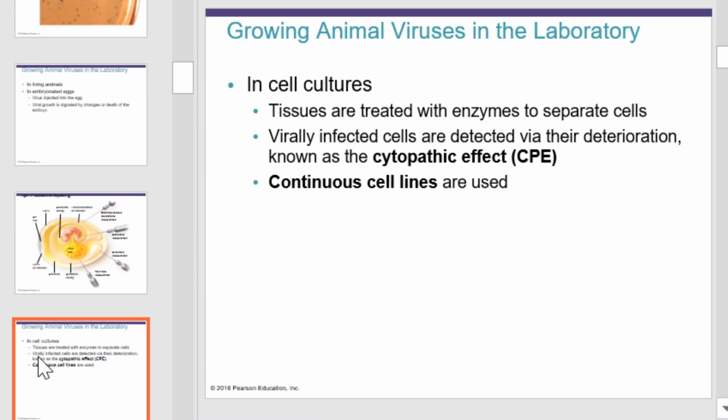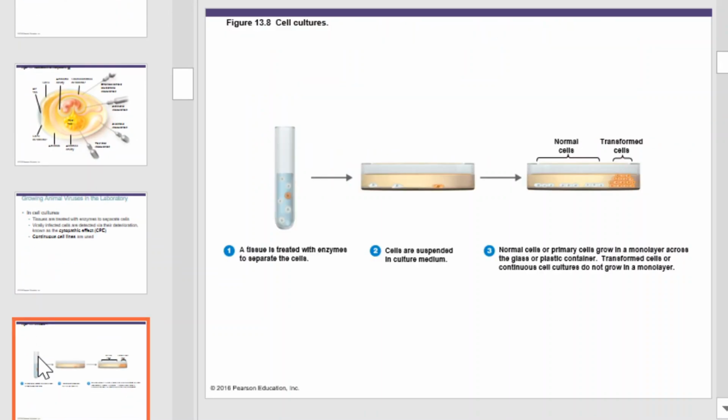In cell cultures, tissues can be treated with enzymes to separate cells. Virally infected cells are detected via their deterioration, known as cytopathic effects, or CPE. Continuous cell lines are always used when growing animal viruses in laboratories. This is an example of how that might be done.